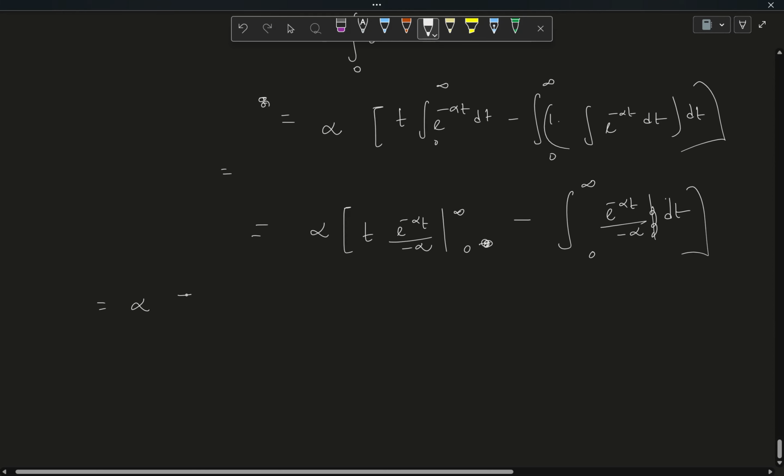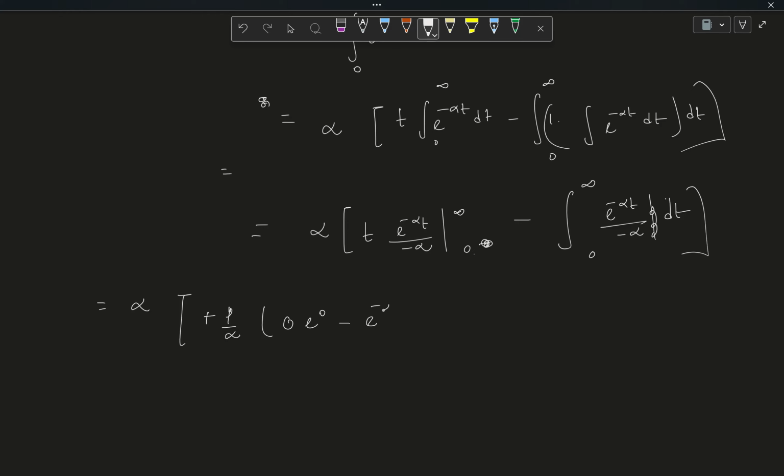Put the limits: e to the power 0 minus e to the power minus infinity, already making it 0. So this is just 0, and this is also 0.